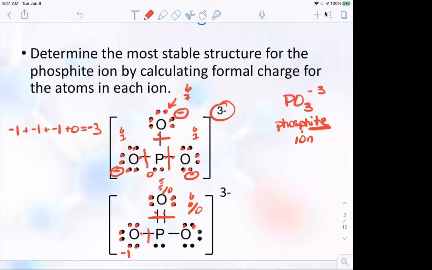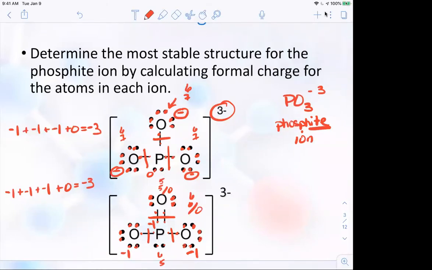I have 1, 2, 3, 4, 5, 6, 7. That's -1. And I have 1, 2, 3, 4, 5, 6. It's supposed to be 5. So this is a plus, this is also a -1. So here I have -1 plus -1 plus -1 plus 0 is equal to -3.